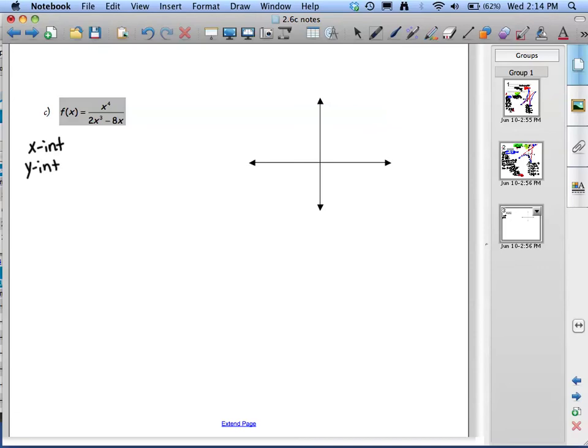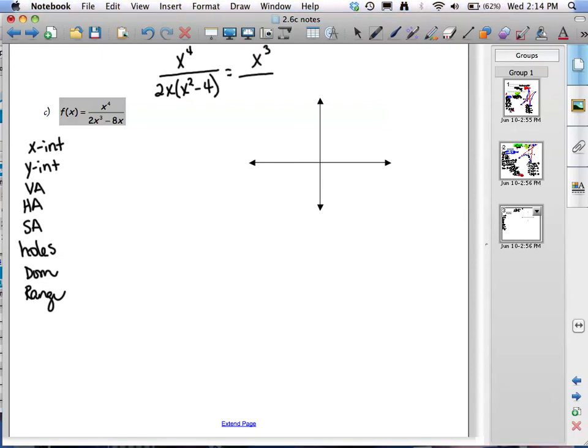See what you guys can find without looking up here. See if you can do it.